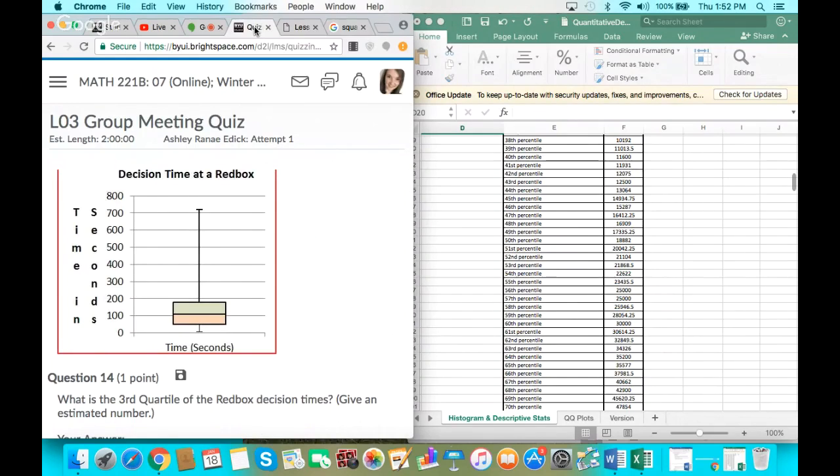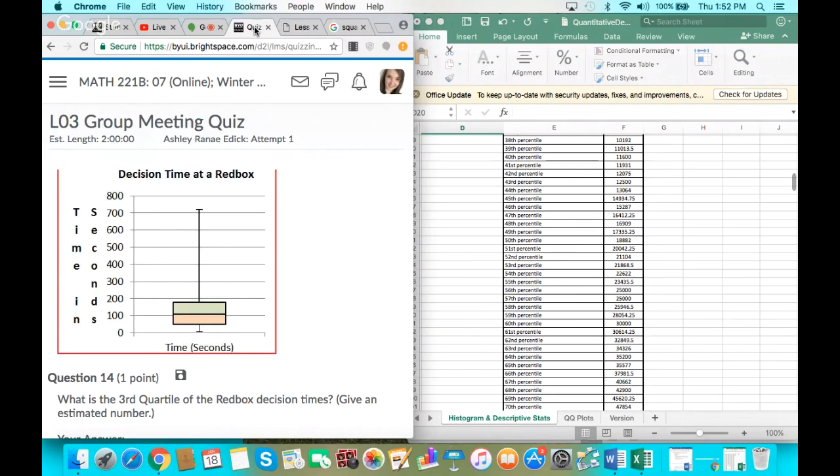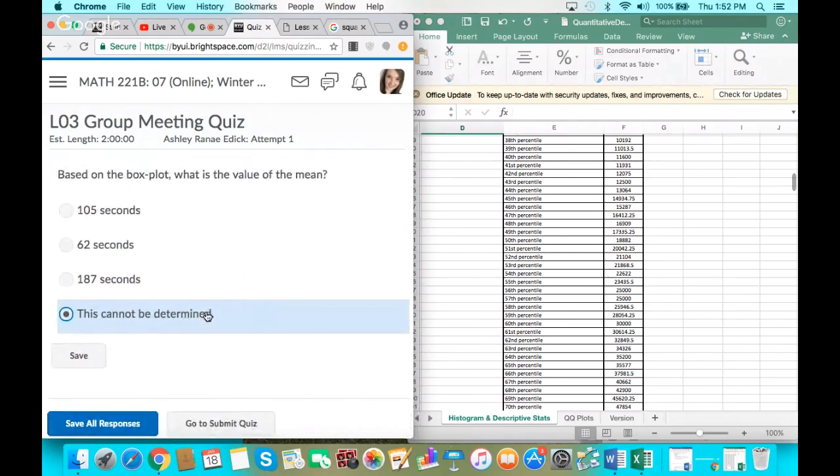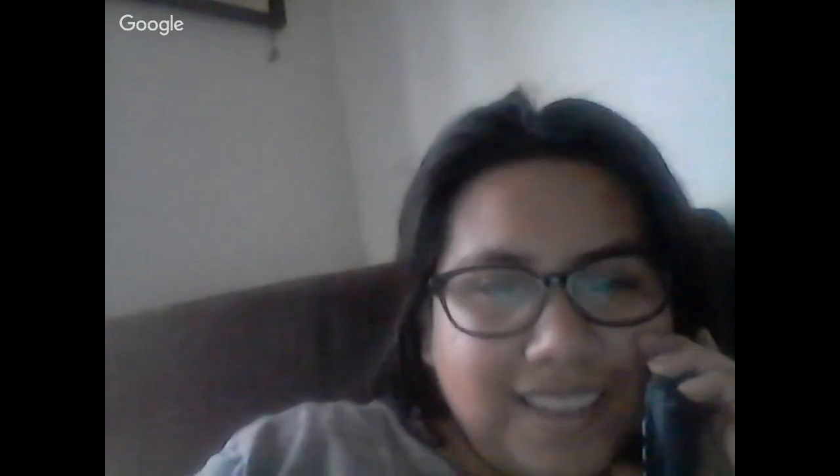Because that's an average, but we don't have actual numbers, right? So you don't know what you should divide it by. So I would say you can't determine it from a box plot. I guess we'll see.